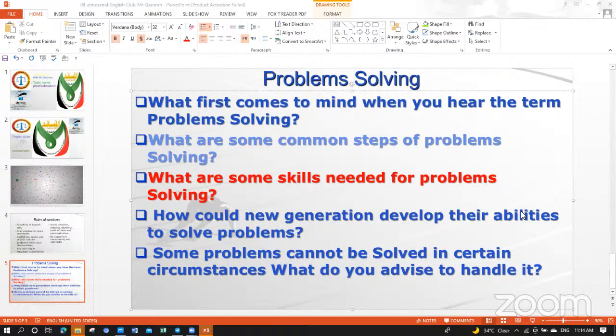Yes, definitely. Any problem is a division of small problems. There will be one problem, but at the same time there will be small things connected all together. So to solve it, you need to be a good listener, to see the main source of it, and then try to apply and implement some solution.